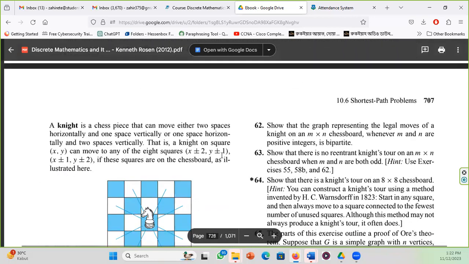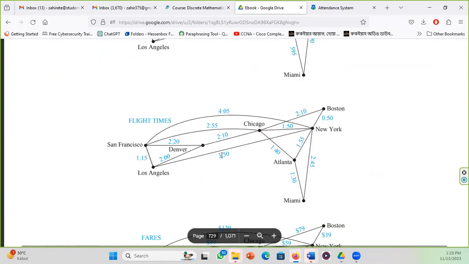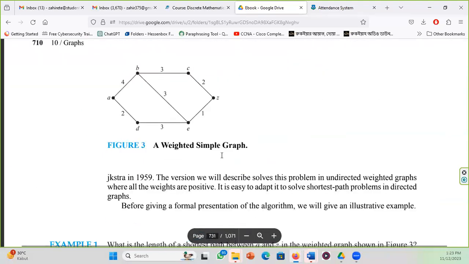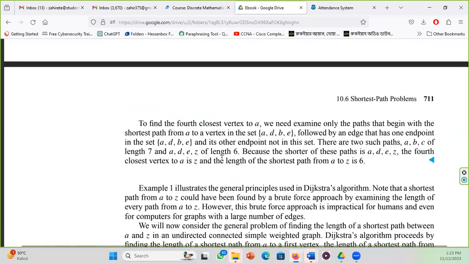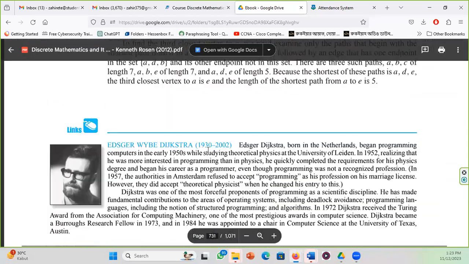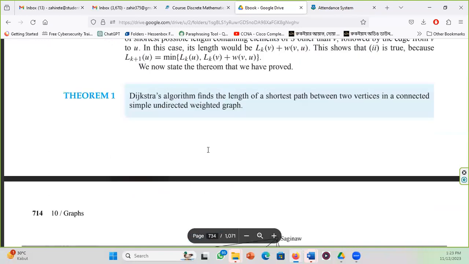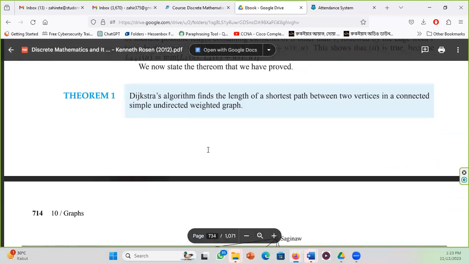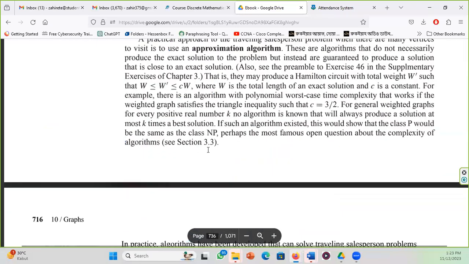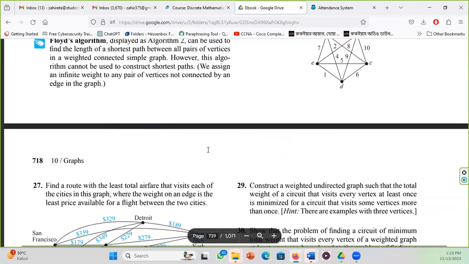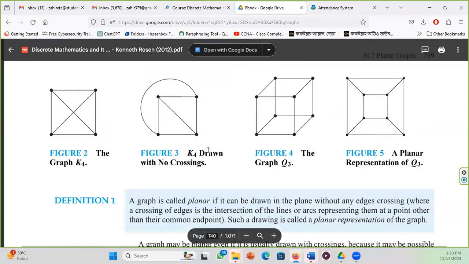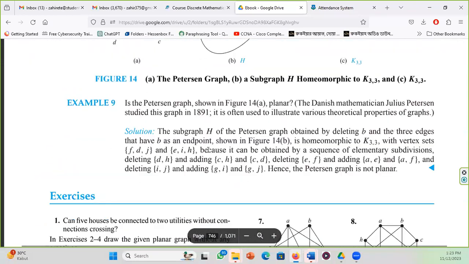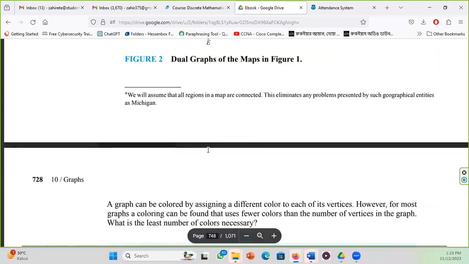That's all. So these are the two problems related with Hamiltonian and Eulerian paths. I hope the next topic is the Dijkstra shortest path algorithm. After that, your graph topic will be finished. Then we will start the tree. After the graph, the next session will be the tree.